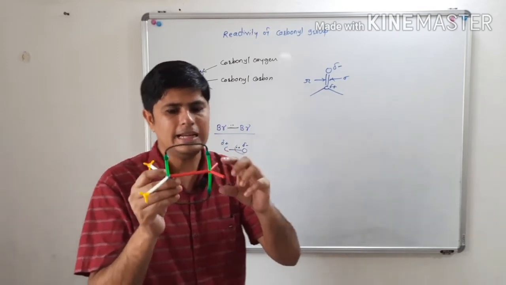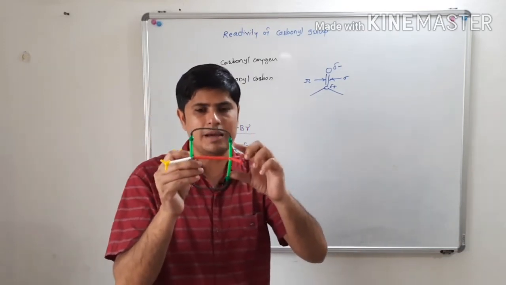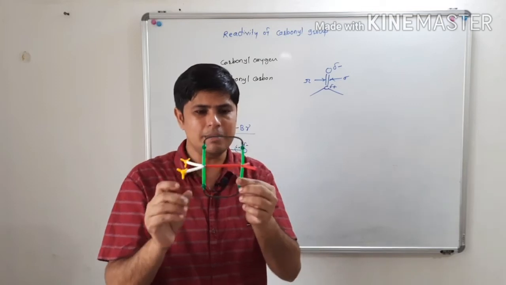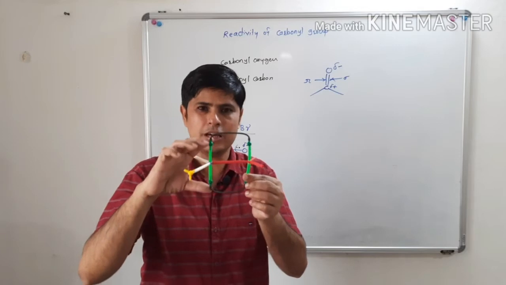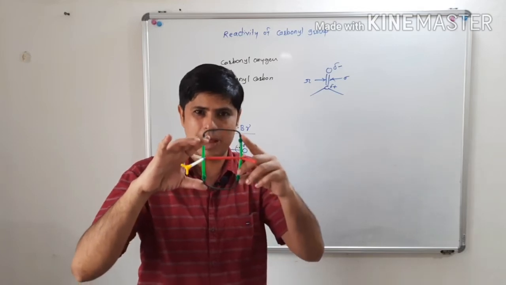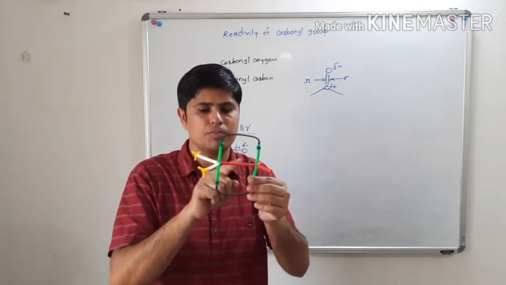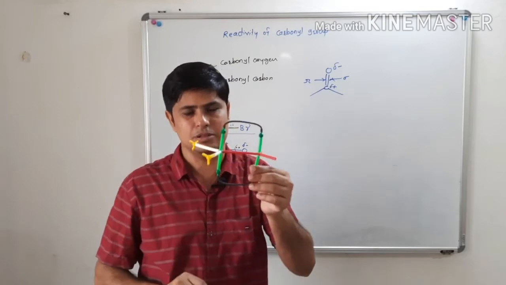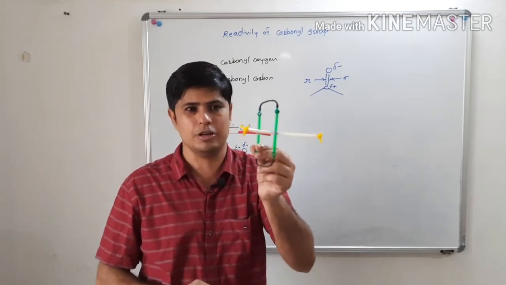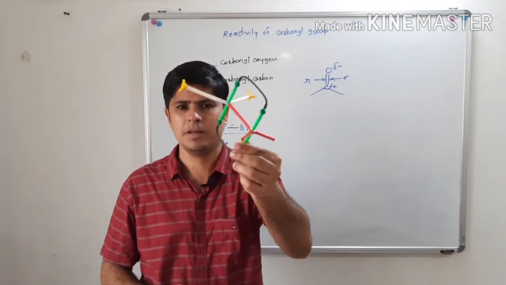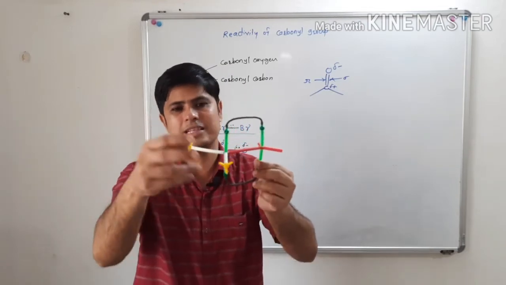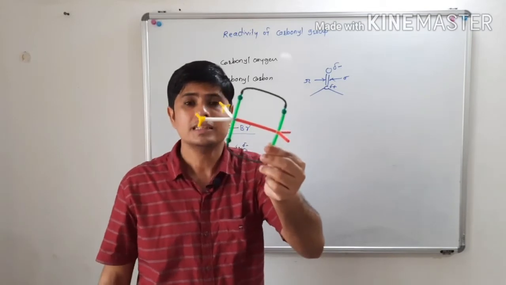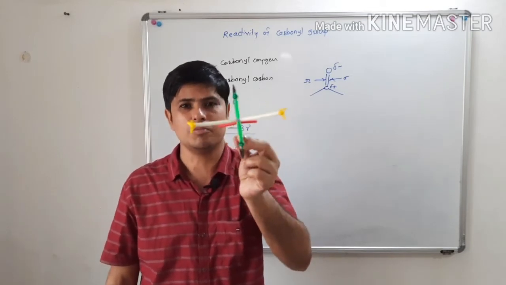The oxygen has an unhybridized p orbital that overlaps with the unhybridized p orbital of carbon, forming one pi bond, and oxygen also forms one sigma bond with carbon. So this is the three-dimensional structure of the carbonyl group. This is methyl, so this is the three-dimensional structure of the acetone molecule.